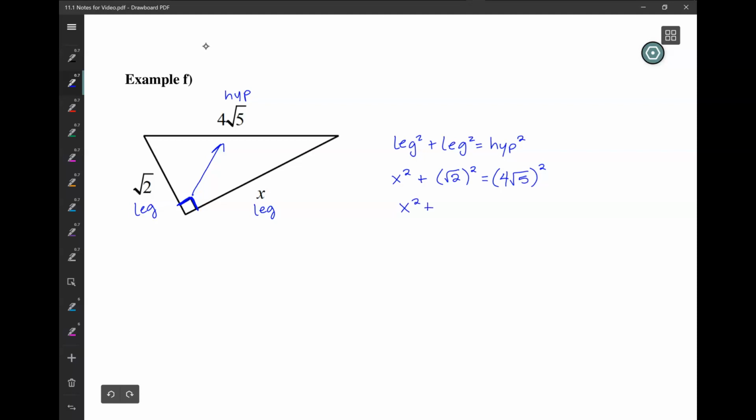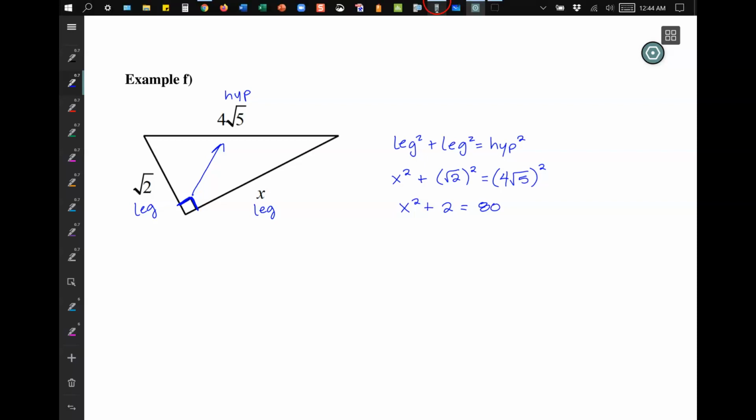So square root of 2 squared, the squared cancels out the square root and you get 2. 4 square roots of 5, well, 4 squared is 16. The square root of 5 squared is 5. 16 times 5 is 80.